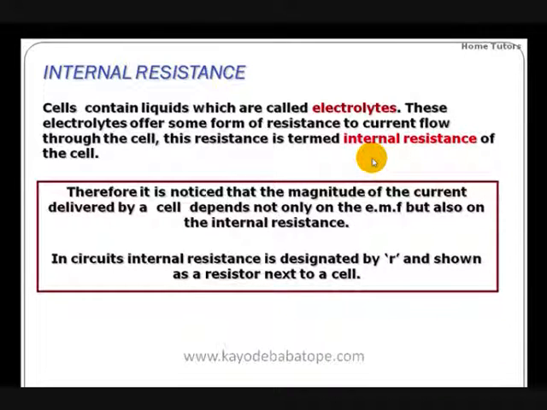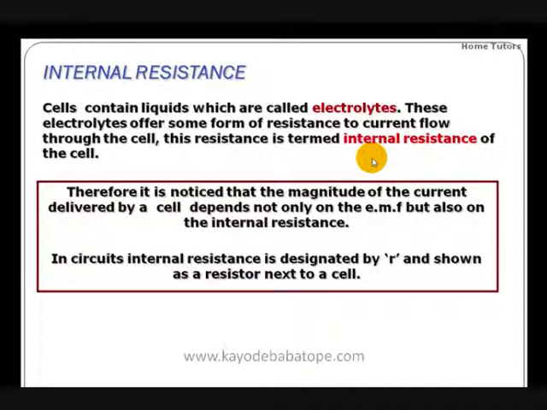Therefore, it is noticed that the magnitude of the current delivered by a cell depends not only on the EMF but also on the value of the internal resistance. In circuits, internal resistance is designated by small r.